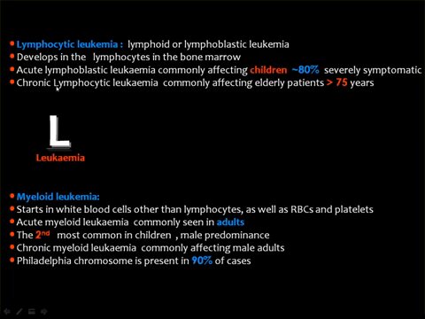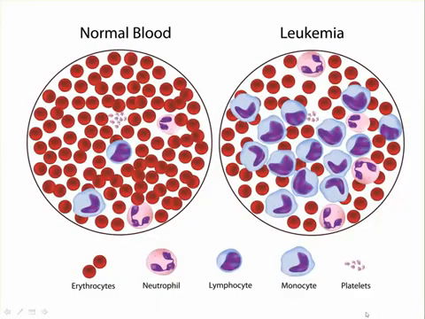The chronic type is the disease of elderly. Myeloid leukemia is the disease of adults, both in the acute form and in the chronic form. But acute myeloid leukemia follows the lymphocytic leukemia in the incidence after the lymphoblastic leukemia.